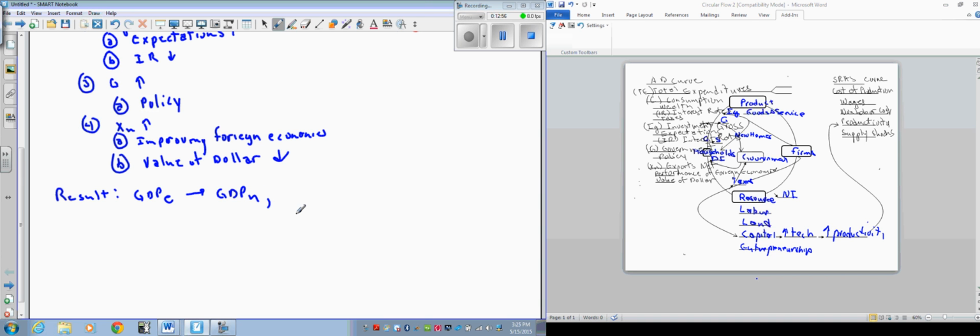Now, as that happens, the unemployment rate will decrease to natural rate of unemployment.